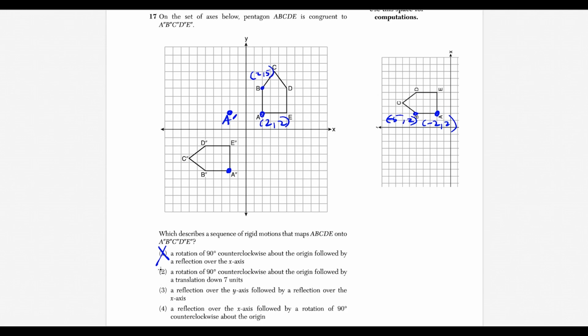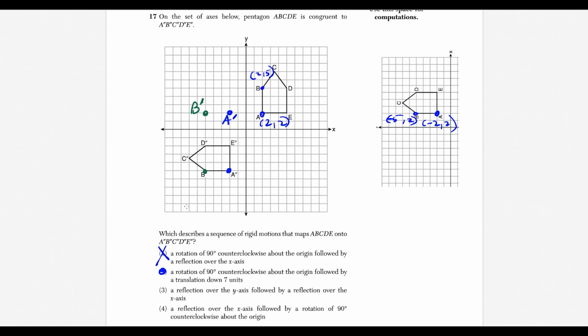So this is looking like a good answer choice, but what I would do is check at least one other point. So point B, we already said is going to map to negative 5,2. So that's over 1, 2, 3 more like this. So this would be the point B prime, once again at negative 5,2. And if we go down 1, 2, 3, 4, 5, 6, 7, we could see it's going to land us here. So this is looking good.